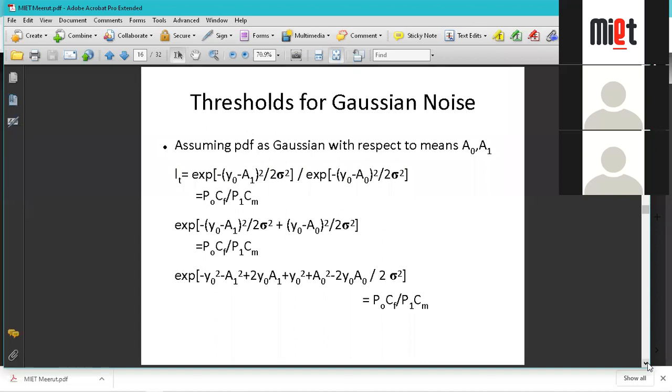In this particular slide, you will see the cost for the wrong signal component which has been received. We are assuming over here that the noise is Gaussian noise. Many of you can definitely say that the noise may not be Gaussian.